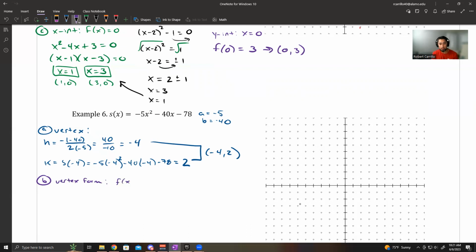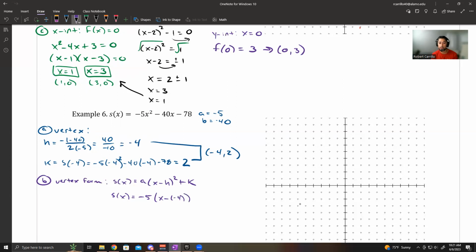And that is, well, here, sorry, it's labeled as S of x. So we're going to say S of x equals A times x minus h squared plus k. And plug in all the components. A is -5, so that hangs out front. X minus h, which is -4.